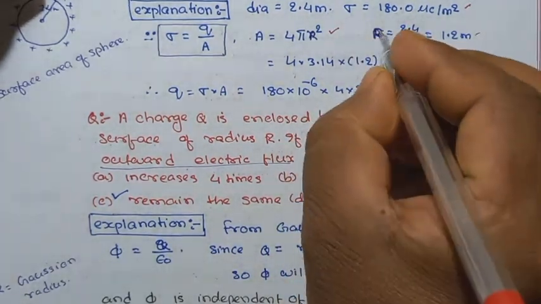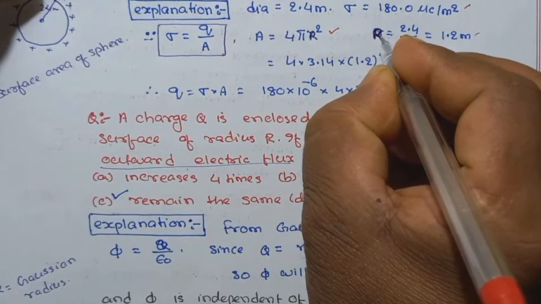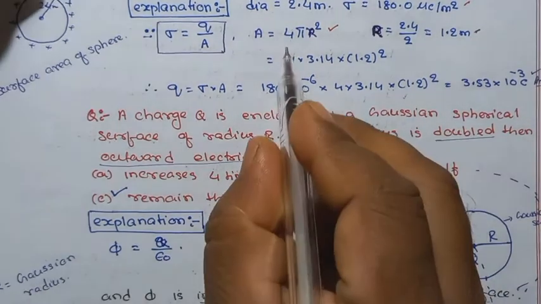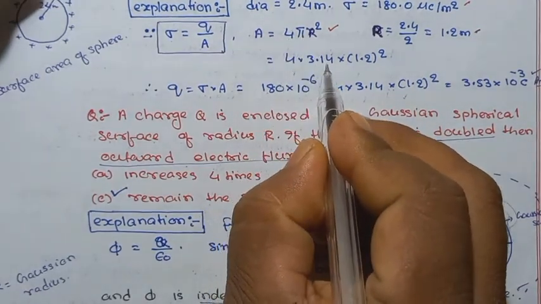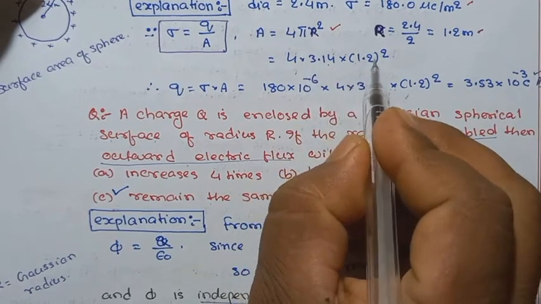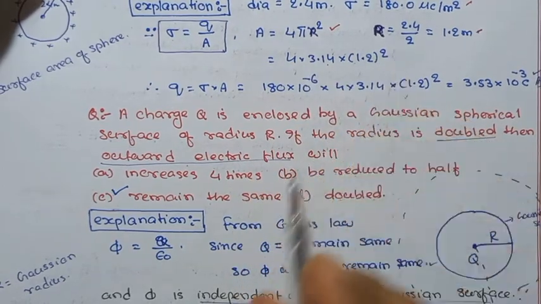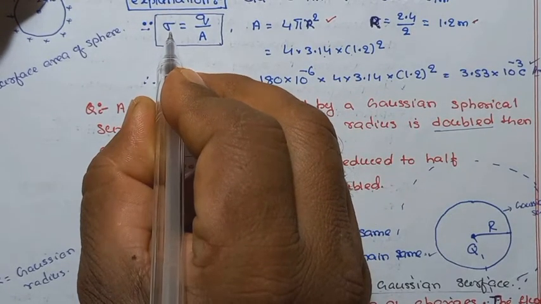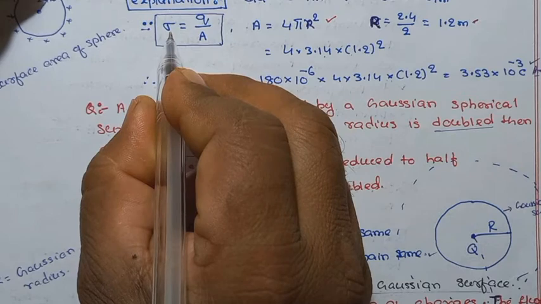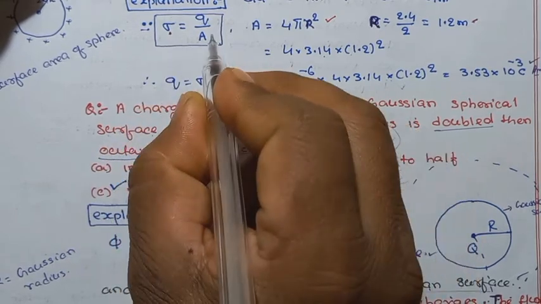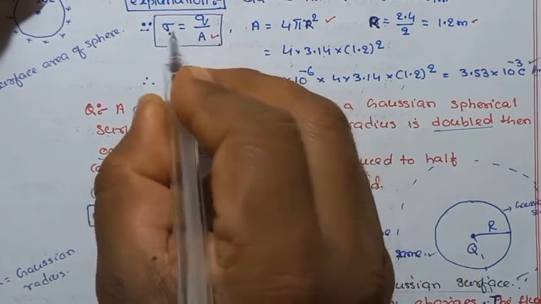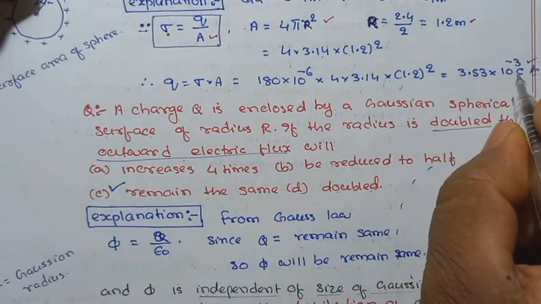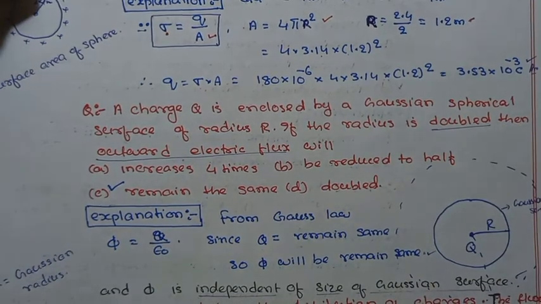So r, the radius, is equal to diameter by 2, so 1.2 meter. So 4 into pi value 3.14 and r is 1.2, so 1.2 square. Now we know sigma value, that is 180 microcoulomb per meter square. Now we know area, so putting these two values, we calculate q. So after solving we will get 3.53 into 10 power minus 3 coulomb. Okay.